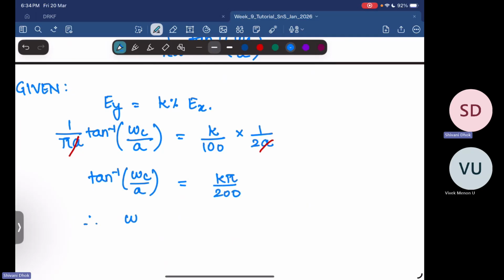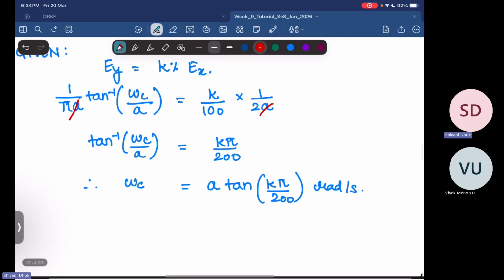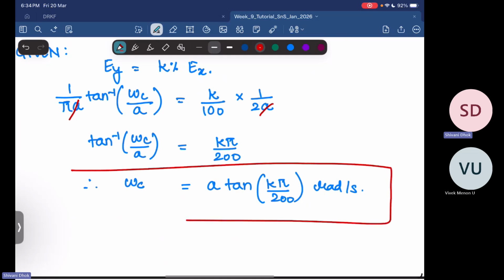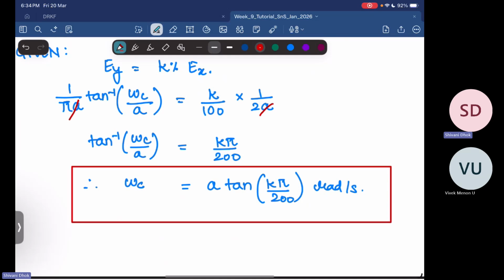So therefore omega c becomes a times tan of k pi by 200 radians per second. So this is the cutoff frequency that we are interested in.